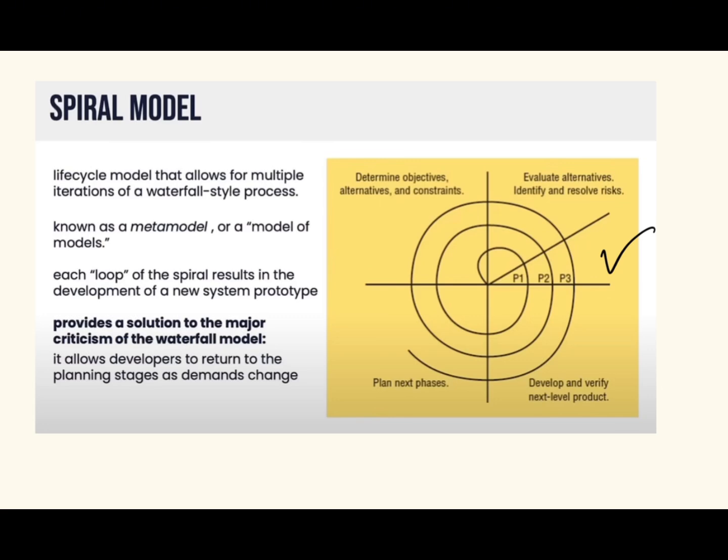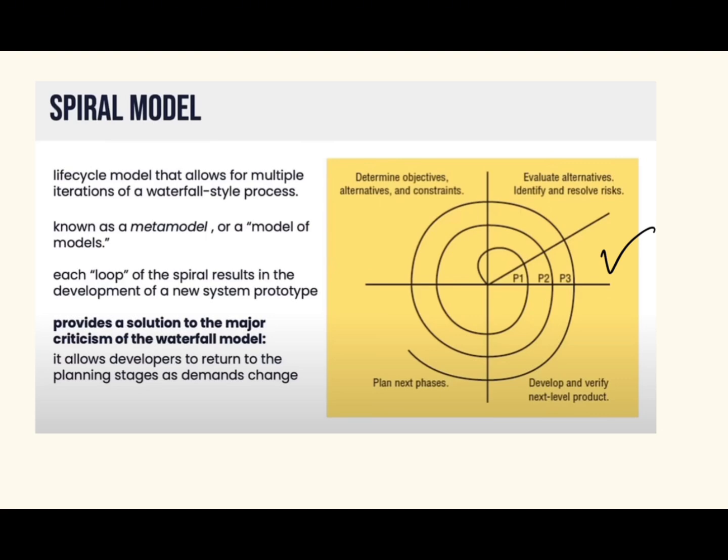Each loop represents a phase of the software development cycle. As you go outward, each spiral results in a new version, a prototype of the system, right?